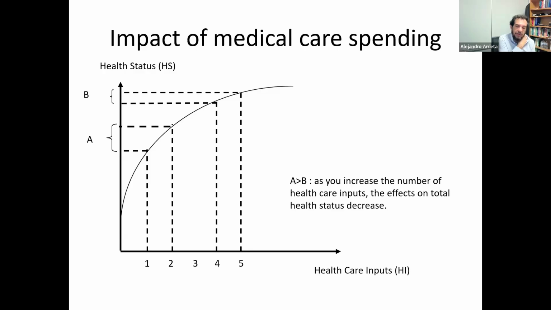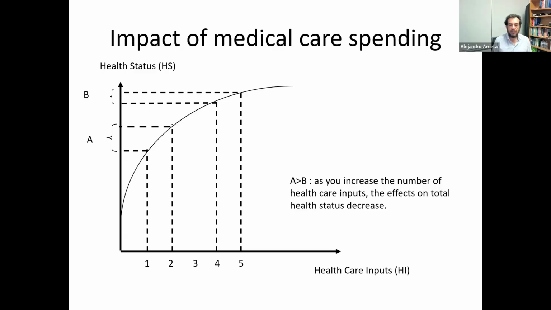Imagine healthcare inputs as a basket of different resources that help patients. It's not only medical care, it could also be public health. And we move from providing one unit of this basket of healthcare inputs to 2 units, or 3, or 4, or 5.